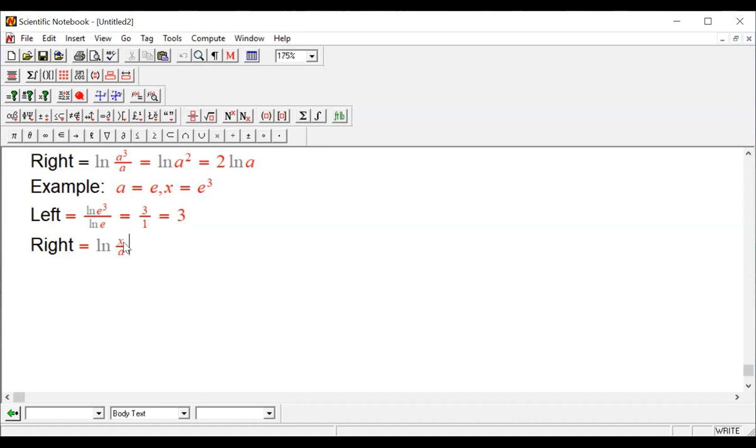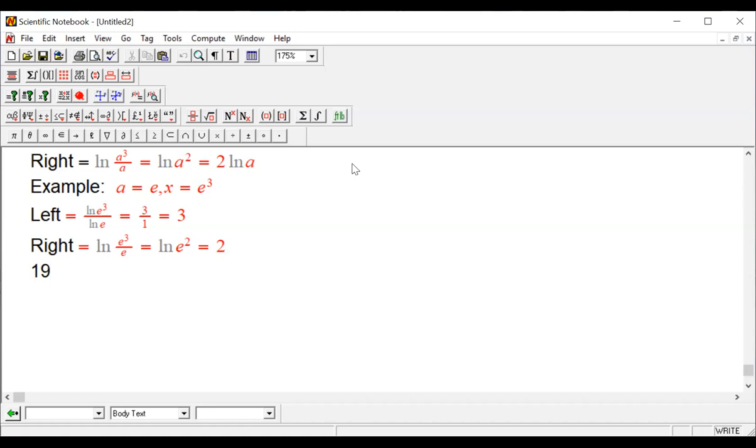And the right-hand side, x is e to the power 3 and a is e, so we get ln e to the power 2, that's going to equal 2. So this demonstrates solidly that 2 doesn't equal 3.